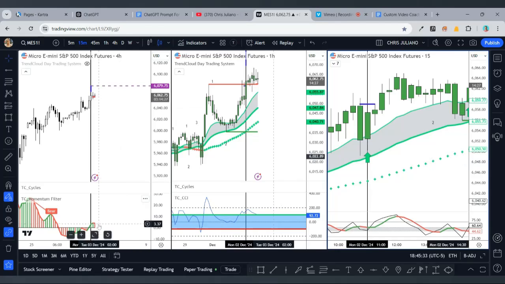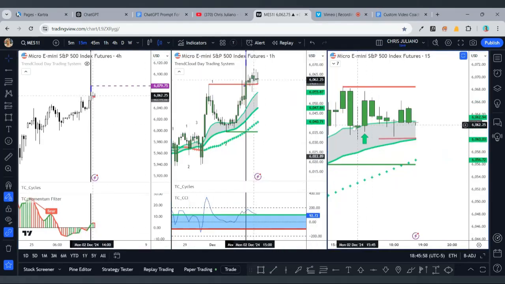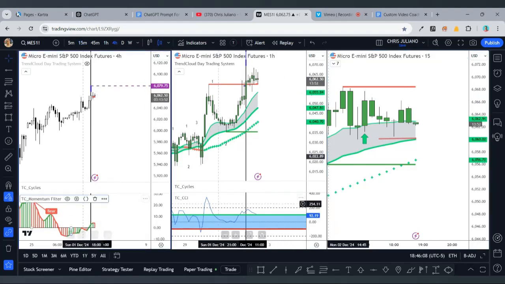Now you can see the momentum filter is just starting to turn red here. And it's late in the day, okay? So late in the day, and we've got some momentum that's reversing. Do you see how it's so important to look at TrendCloud? This is telling me if I'm going to get into this trade right now, I should use some caution because, look, it's telling me that this is reversing.